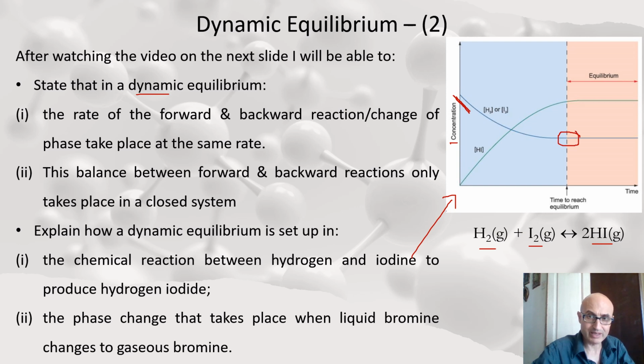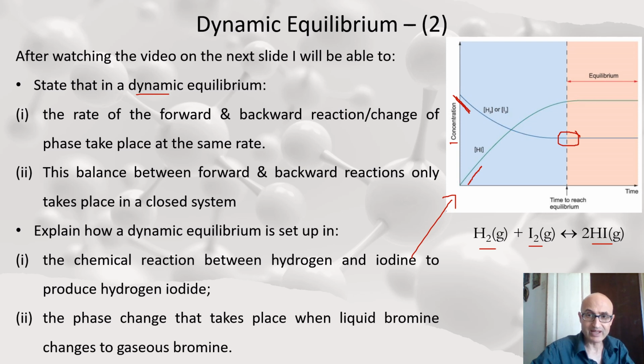At the same time that they are diminishing, decreasing in concentration, what are they doing? They are meeting up and they are forming the product, which is hydrogen iodide. So initially there is a rapid decrease in the concentration of the hydrogen and the iodine, but there is a corresponding rapid increase in the concentration of the hydrogen iodide, which is the product.